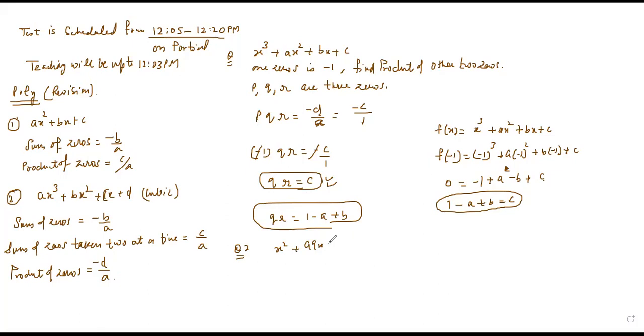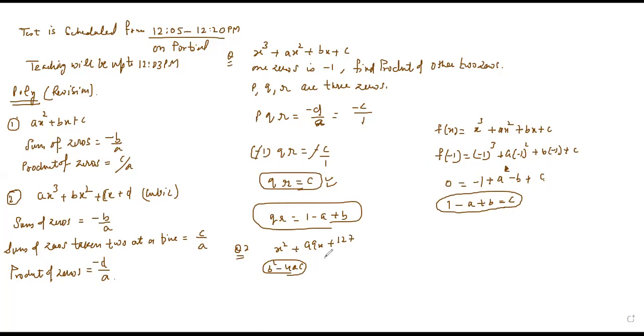I want to see whether the zeros are both positive, both negative, one positive and one negative, or both are equal. Now see, to see the nature of the zeros, I have to see b square minus 4ac, because the discriminant will tell us about the nature of the zeros. Or the other way is to solve this and get the zeros.